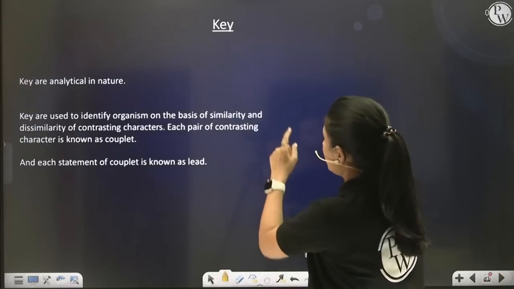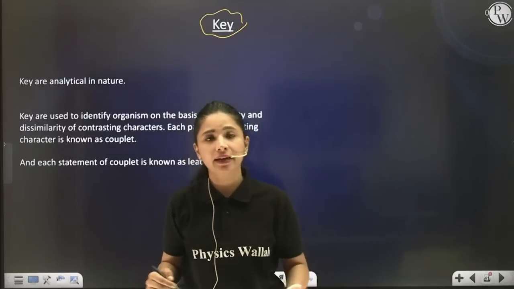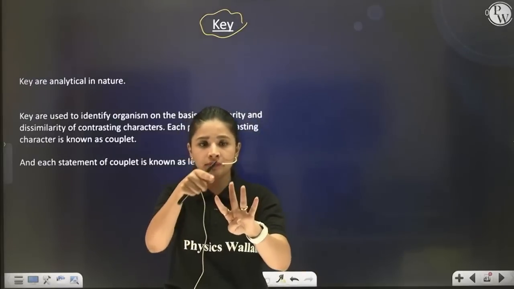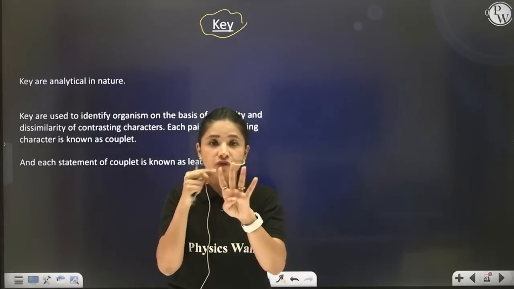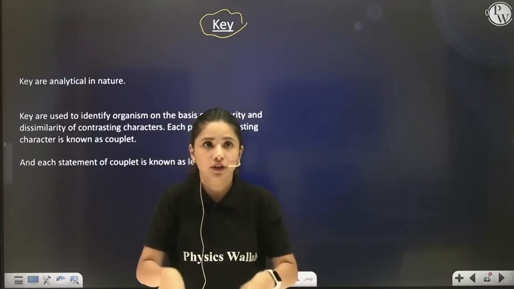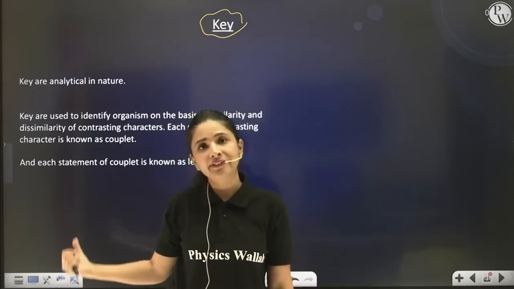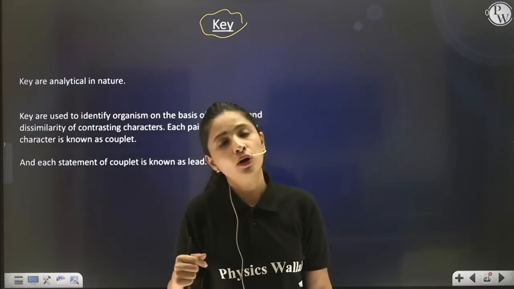Moving ahead, next is taxonomical aids in the form of books. The 4 we just saw, herbarium, botanical garden, zoo and museum, are 4 organizations created on land. But now the remaining 4 or 5 taxonomical aids are present in the form of books.